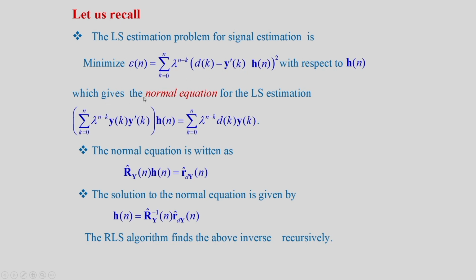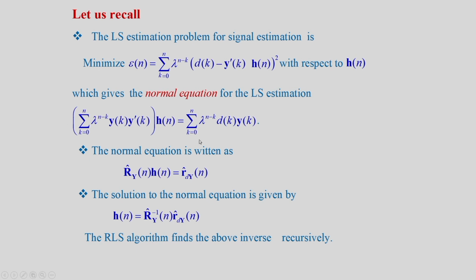The minimization gives the normal equation for the LS estimation, and this is given by this equation: summation of lambda to the power n minus k into yk vector into yk transpose, k going from 0 to n, into hn vector is equal to summation of lambda to the power n minus k into dk into yk vector, k going from 0 to n.